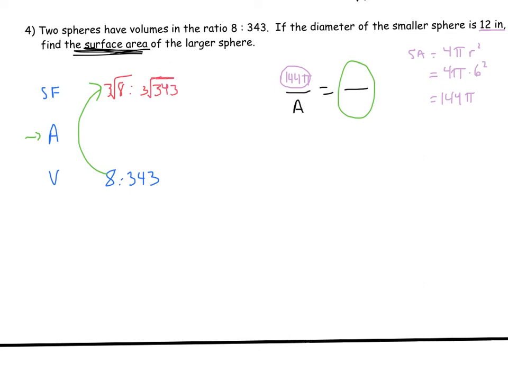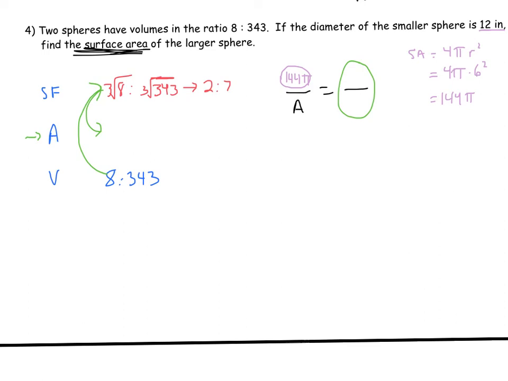Again, in your calculator, go to the math button, the third one on the left-hand row of buttons there, and it should be the fourth option there for you to do the cube root. Cube root of 8 to cube root of 343, that simplifies to 2 to 7.